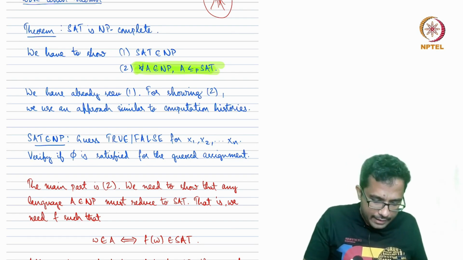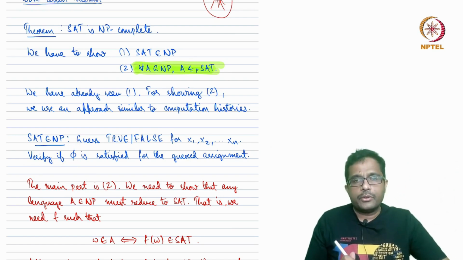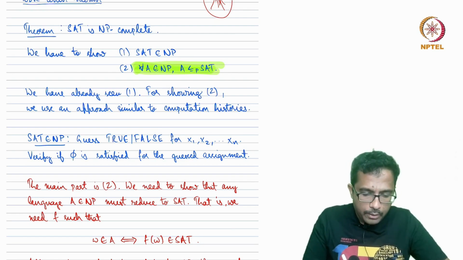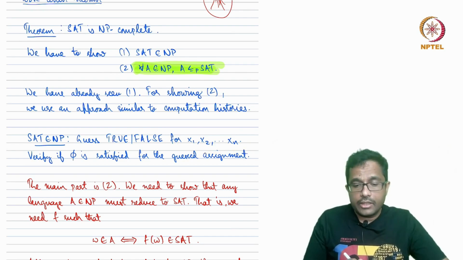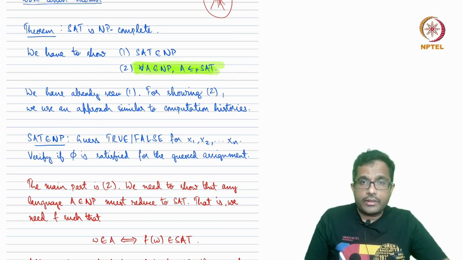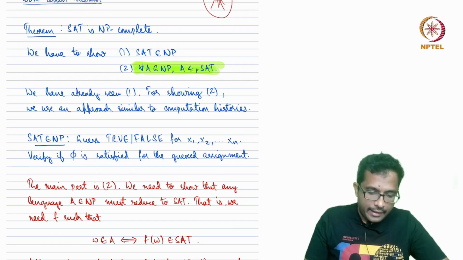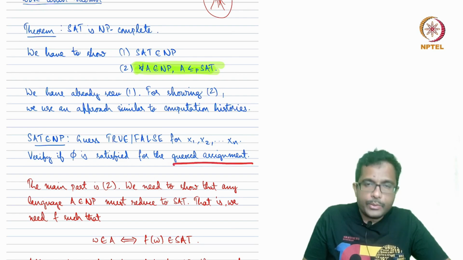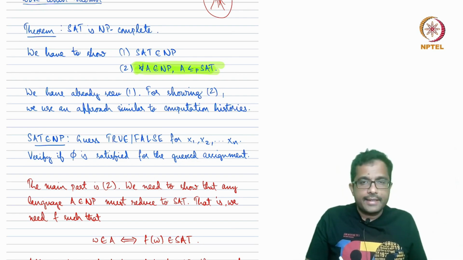If the assignment satisfies phi, you accept. If it does not, we reject. So if there is a satisfying assignment, one of these 2 power n guesses will be the satisfying assignment, and then we will accept. If the formula is not satisfiable, none of these guesses will lead to a satisfying assignment. Hence, all the paths will lead to reject, because whatever you try out, it's not going to work. So that is how we show that SAT is in NP.